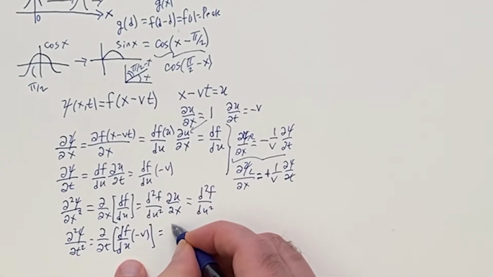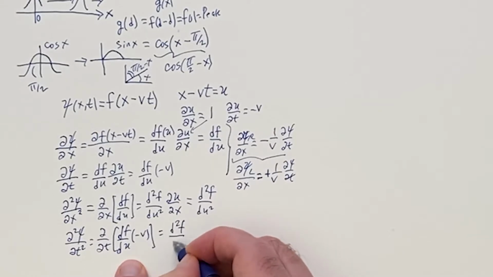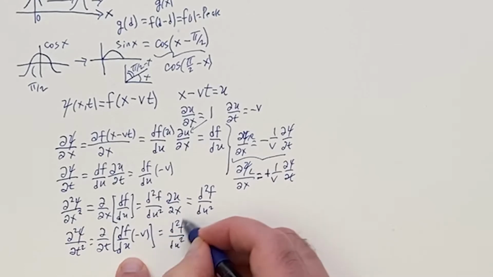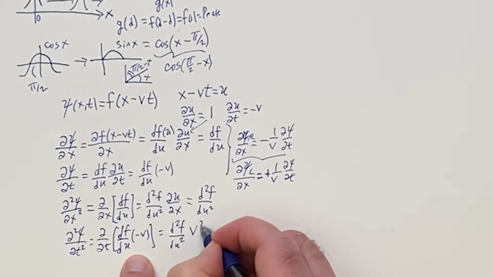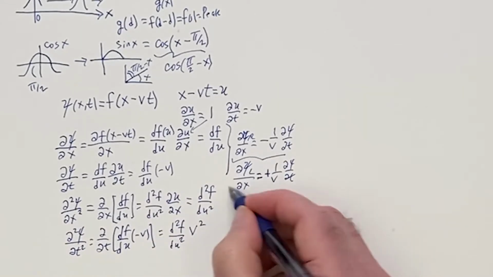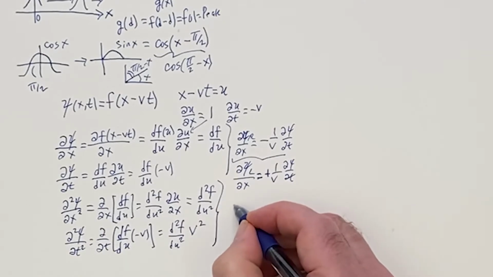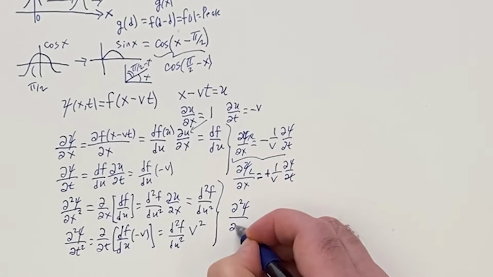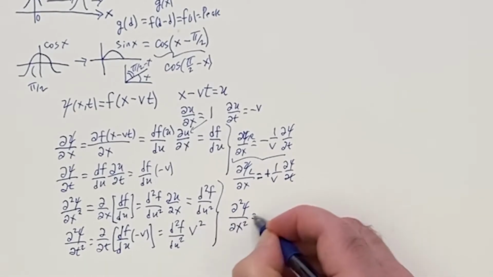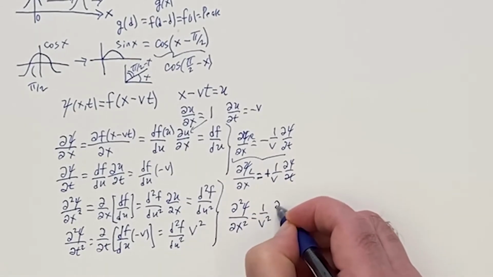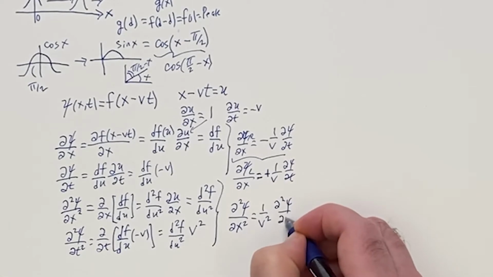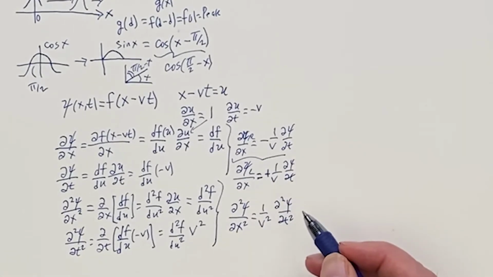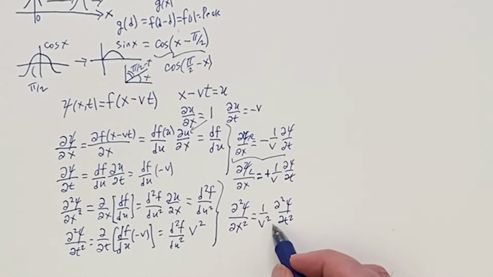So what'll happen here is you'll get the second derivative of f with respect to u, and then when you do the chain rule, you'll get another negative v, and you get the v squared. So then what you do is you can write this as the second derivative with respect to x. Now you divide by the v squared, and you have a nice equation. And it doesn't matter if v is plus or minus, you get the same differential equation. So that's the wave equation right here.